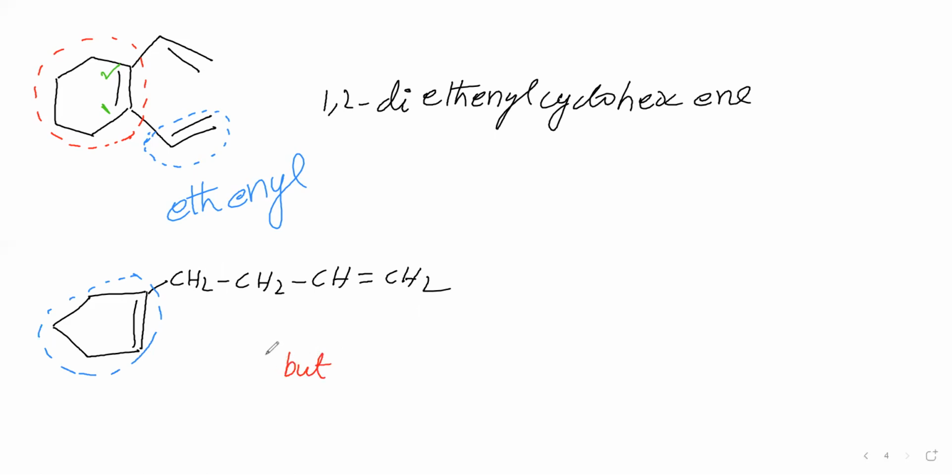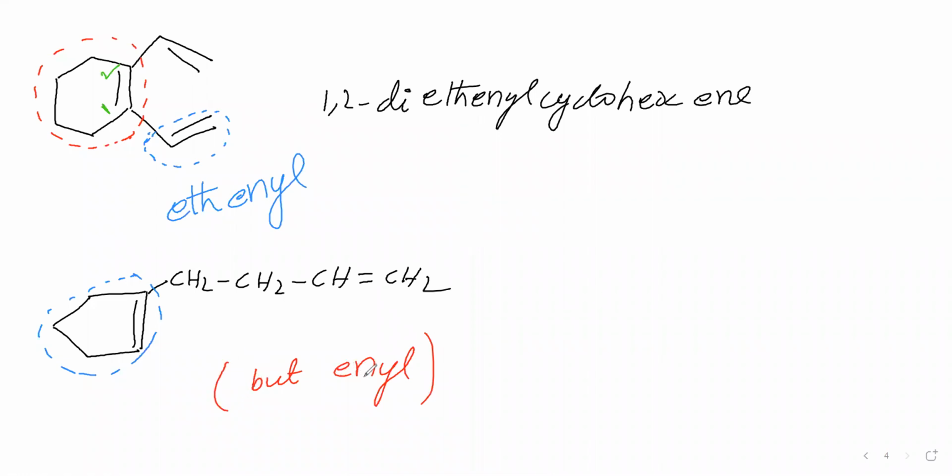Double bond is present, therefore ene. In this, the last letter e we will drop and we will include yl. So we said it is butenyl. Then we have to say the double bond position. Therefore, we will leave some gap.